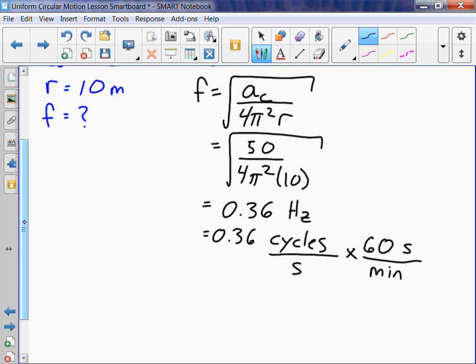American muscle. Everything's in RPM. So we have to multiply it by 60 to convert cycles per second to revolutions per minute. 21.